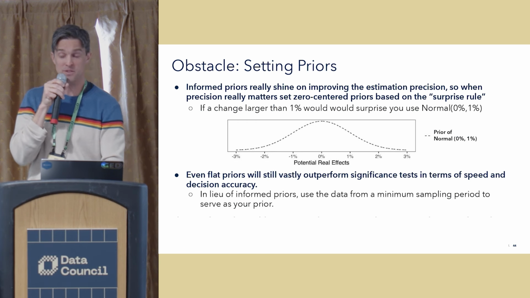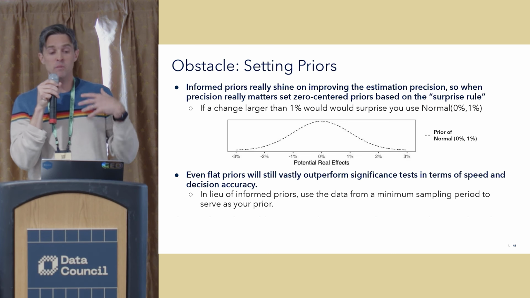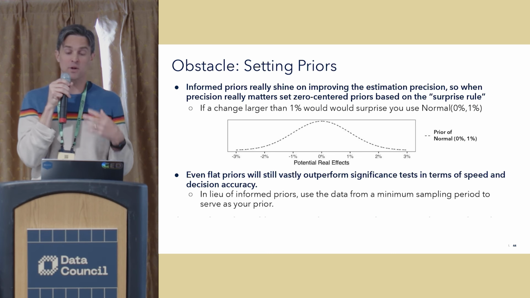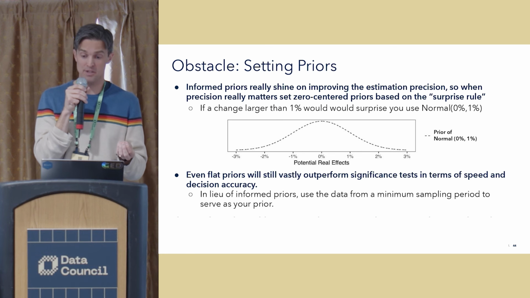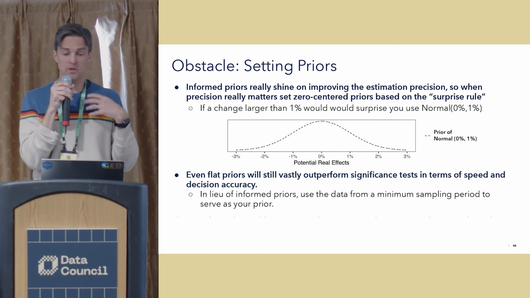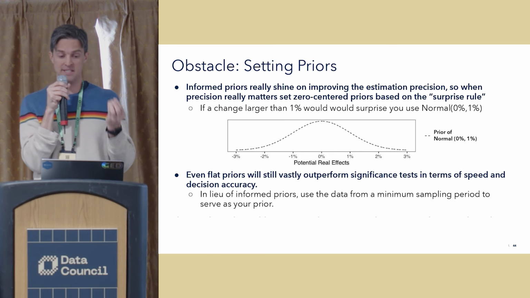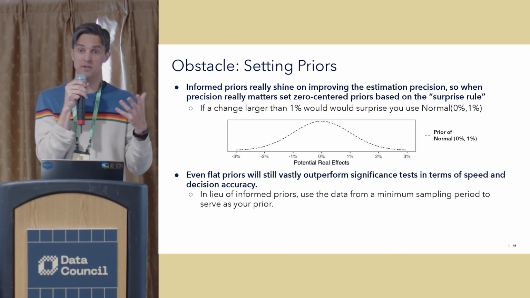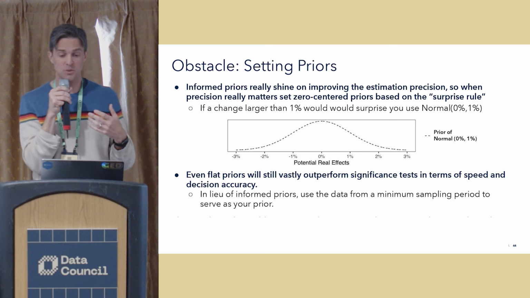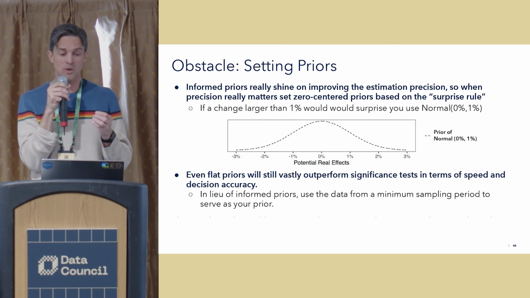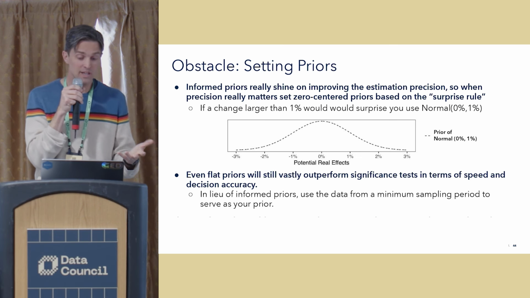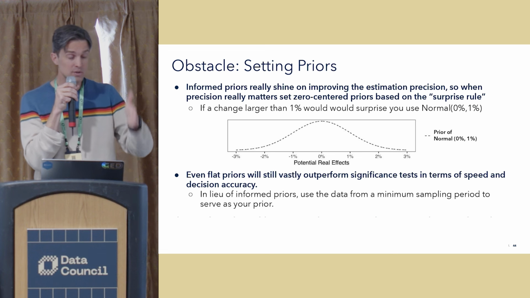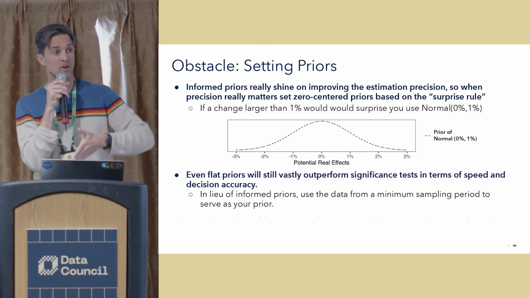Okay, another obstacle, setting priors. Informed priors really shine on improving your estimation precision. So when you're doing a test, there's a really critical estimate. I would suggest using zero-centered priors based on the surprise rule. The surprise rule is, if a change larger than 1% would surprise you, then use that as the standard error on your prior.